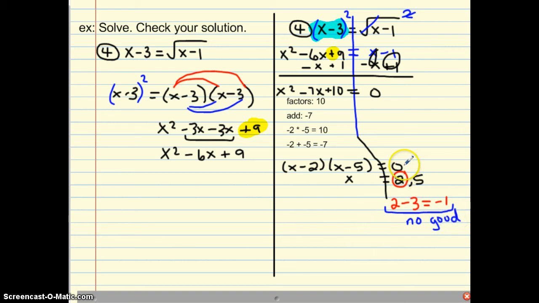So all we want then is our x equals 5, because 5 minus 3 equals 2 is positive. So we still only have one solution, so you'll want to be especially careful with that.